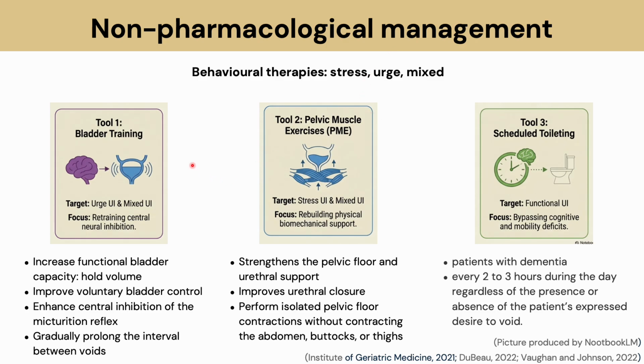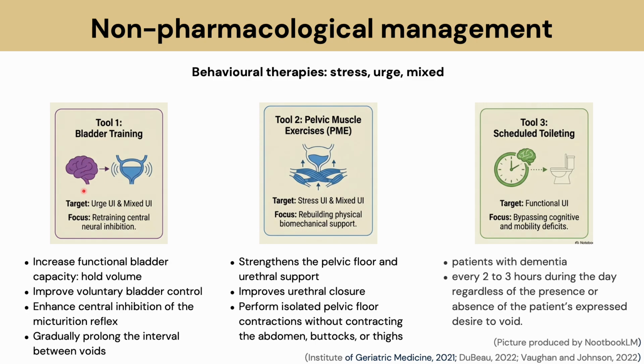Behavioral therapy is the cornerstone of treatment for stress, urge, and mixed UI, and it should generally be tried before pharmacological therapy. There are three main behavioral interventions. The first one is bladder training, which is particularly effective for urge UI.